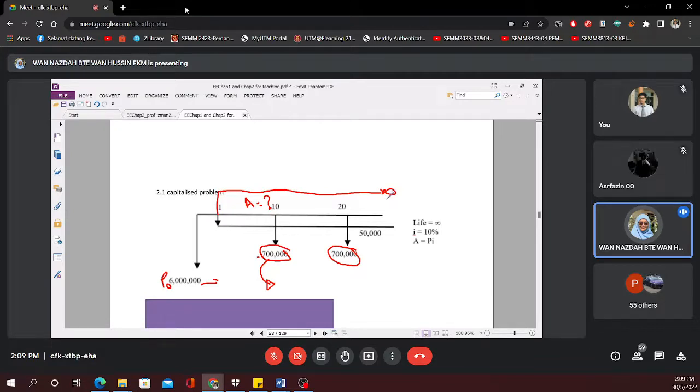What is given to you is P at n equals 0, which is 6 million. And the recurring cost every 10 years, which is the operational cost, the company has to pay 700,000. For this one, you need to convert to A.